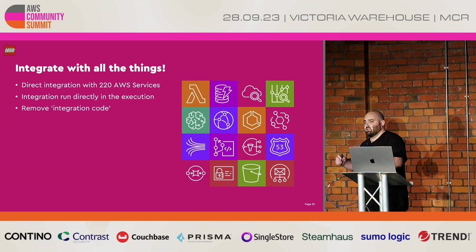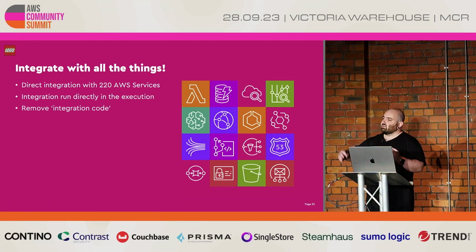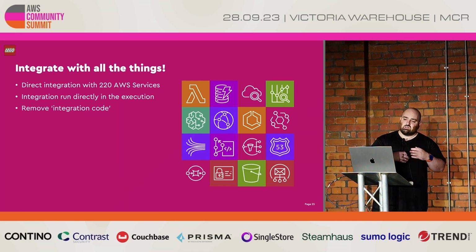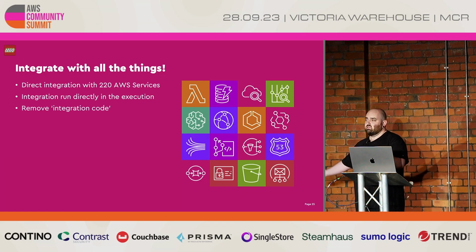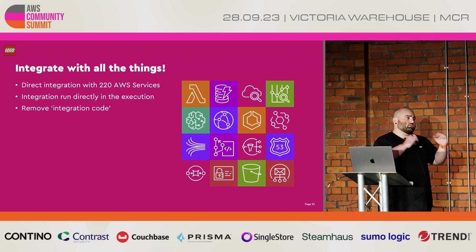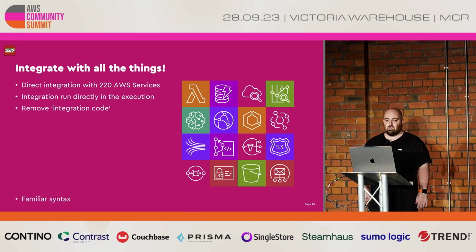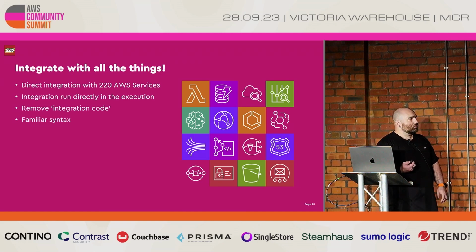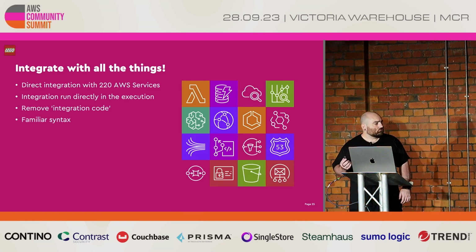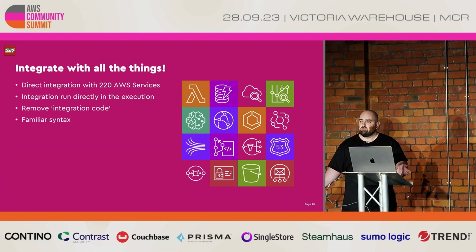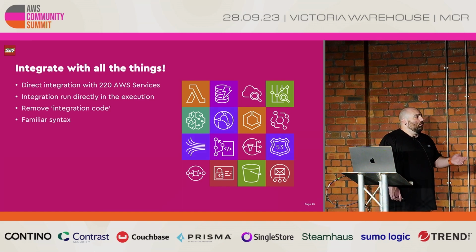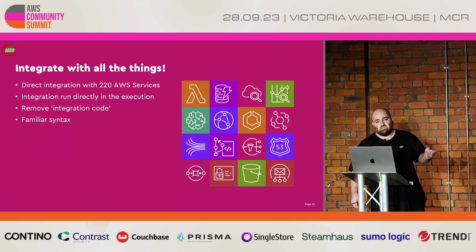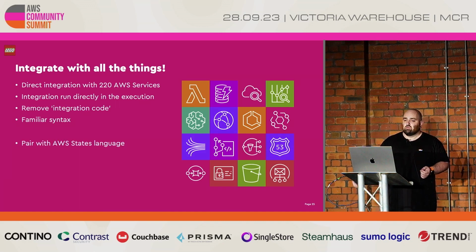Whereas before you might need to write a specific handler that might go and fetch something to set up an integration with DynamoDB, you can just say, step function, go talk to DynamoDB, and it will do that for you. It's got familiar syntax as well, so if you are in the console and you want to do a DynamoDB get or something like that, it's the same sort of syntax that you would use normally anyway.